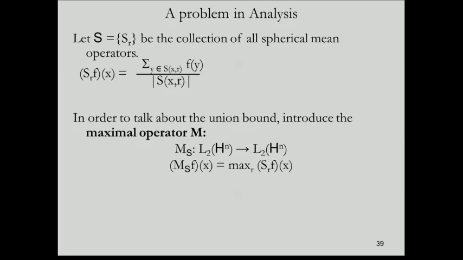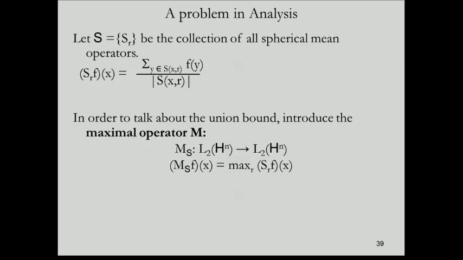So for our application, what we care about are sphere operators. What are those? Those objects are just the average of my function over the points of some sphere. So S_r f of x is the sum of the function f on the points on the sphere of radius r around x over the cardinality of the sphere, just the average.